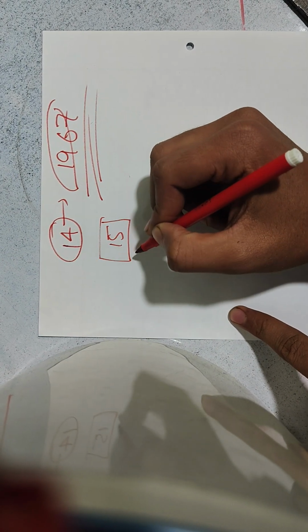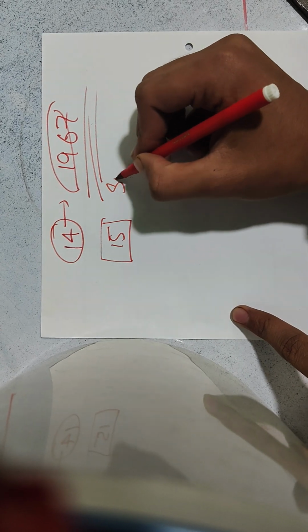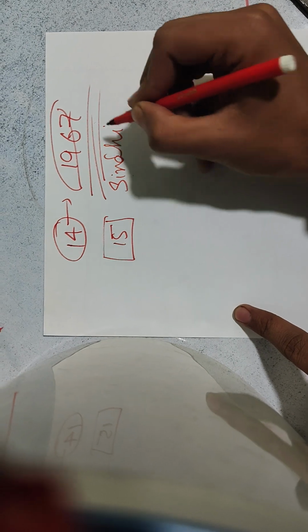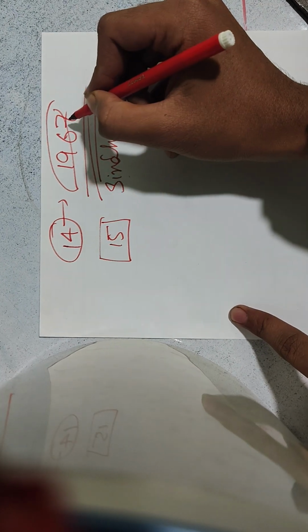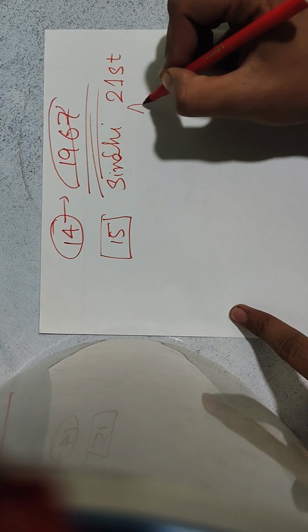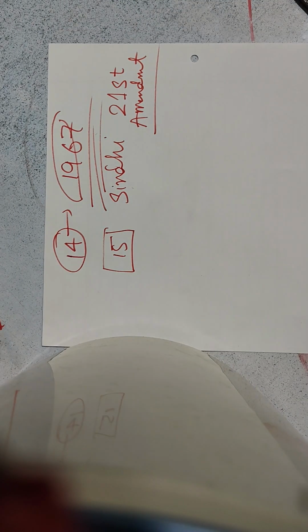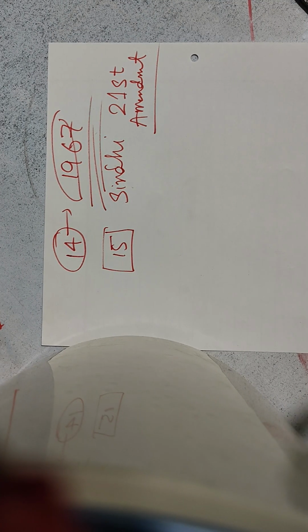Now a question must be coming in your mind: which was that language? It was Sindhi. And what was the year? 1967. It was the 21st amendment of the Indian Constitution. It was the first language to be added.